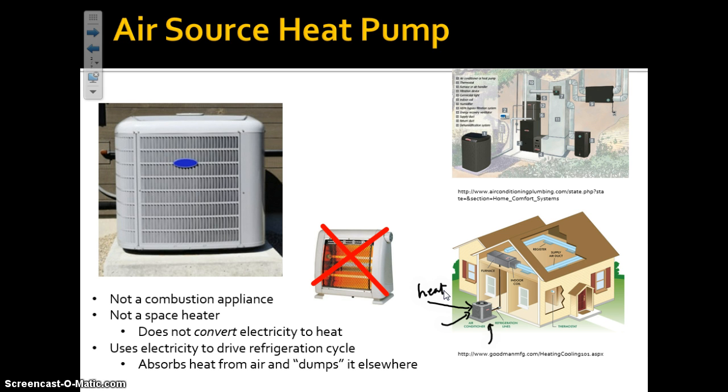Even if it's cold outside, using the refrigeration cycle and the latent heat of vaporization, you can actually pull heat from the outside. In heating mode, it's evaporating, so the evaporation of the refrigerant inside the unit is what actually pulls the heat in.